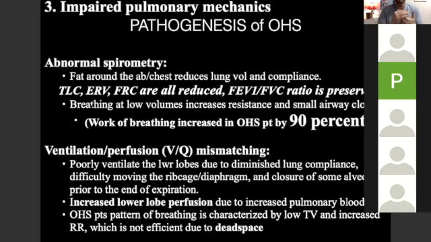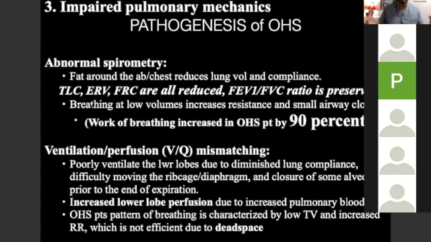Now, the third reason for OHS, after obesity and sleep disordered breathing, is impaired pulmonary mechanics, right? So this is all very board relevant, this slide, like suck in this slide. Fat around the abdomen, fat around the chest, it reduces compliance. So your total lung capacity, your ERV, your FRC are reduced, while your FEV1 to FVC ratio is preserved.